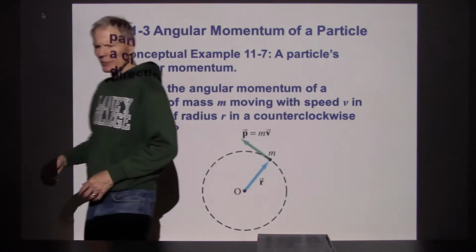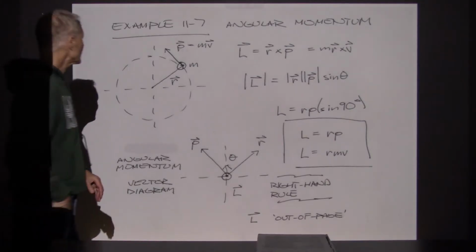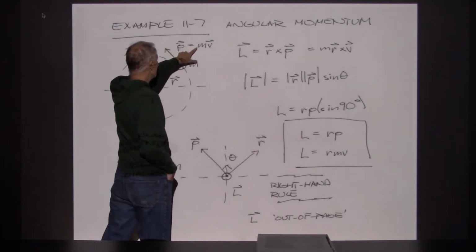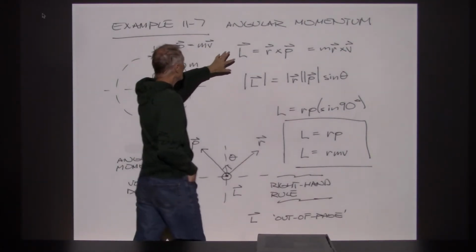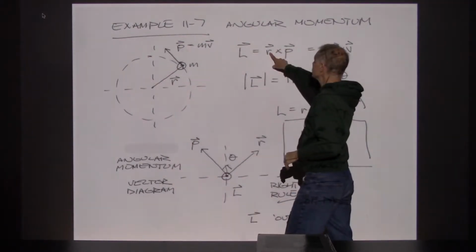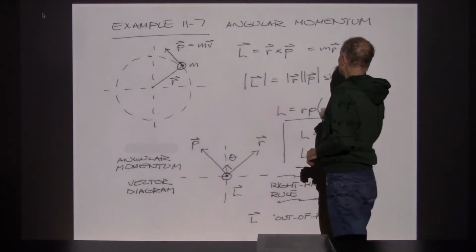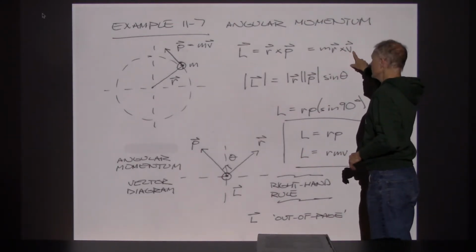And so we've seen this. Now, the way this is set up is that this object has linear momentum that's given by m times the velocity vector. So when I calculate the angular momentum, that will be r vector cross momentum, linear momentum vector. And that can be written as m r cross v.